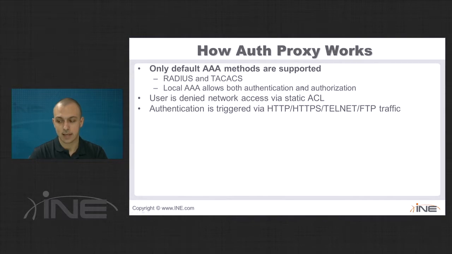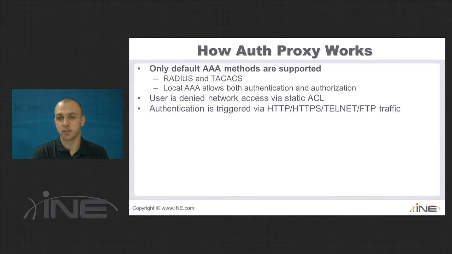So, looking back at the slides now, the authentication proxy can be triggered only through HTTP, HTTPS, FTP, and Telnet traffic, which means that the user, which in my case would be switch 1, needs to first initiate one of these traffic types. Otherwise, it will not be prompted for authentication, and it will not be allowed access to the network.